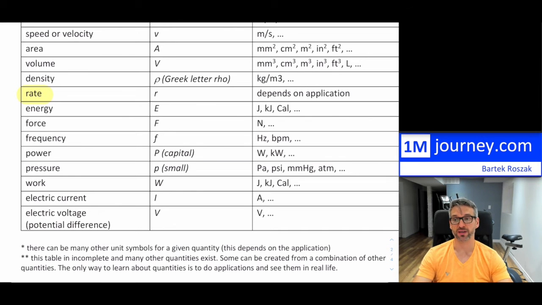Maybe frequencies. So frequency is how quickly something is happening in terms of cycles per second, okay? Or maybe a common one is your heart rate, which might be in beats per minute. That is actually a frequency. That's how quickly your heart is actually working. And notice that frequency is a little bit like a rate as well. And then you might have other ones like power and pressure and so on.